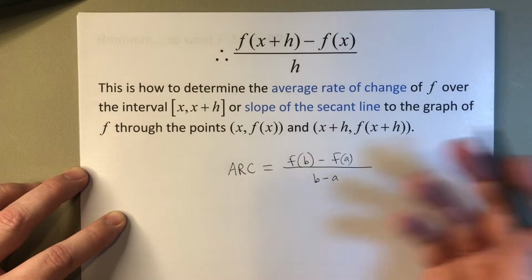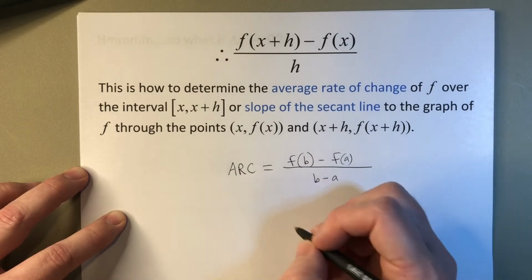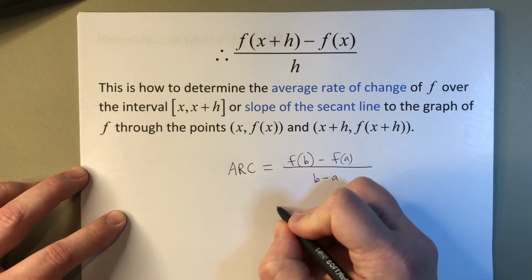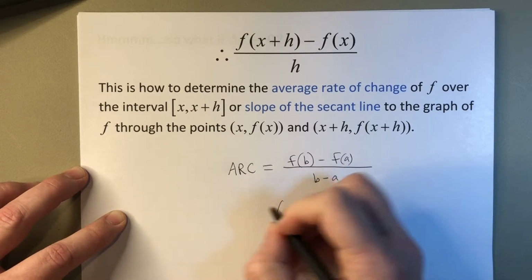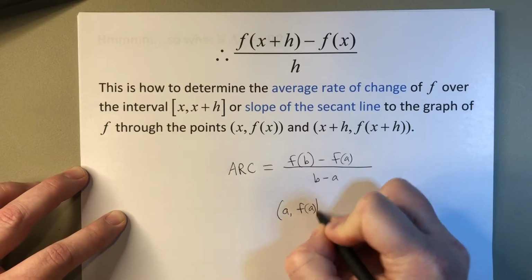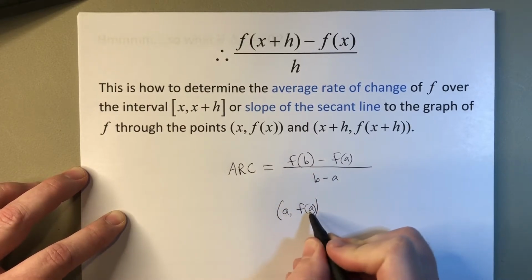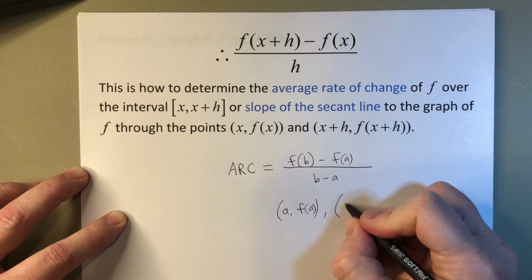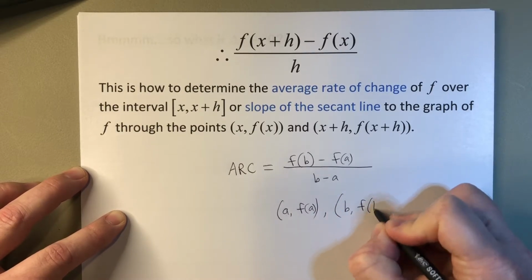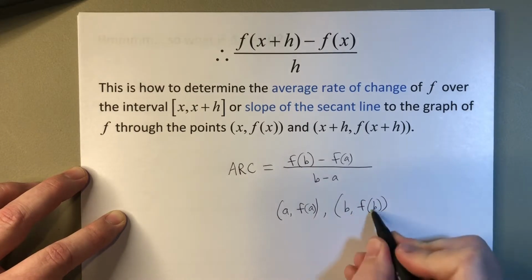If you're given 2 points on the graph of a curve, 1 point would be a comma f of a. This would be the x value, this would be the y value, and the other point would be b comma f of b. Again, x value, y value.